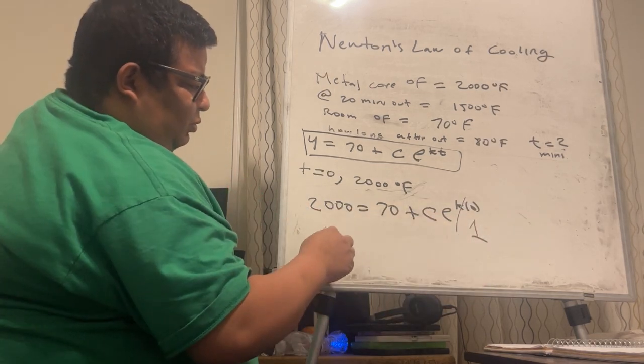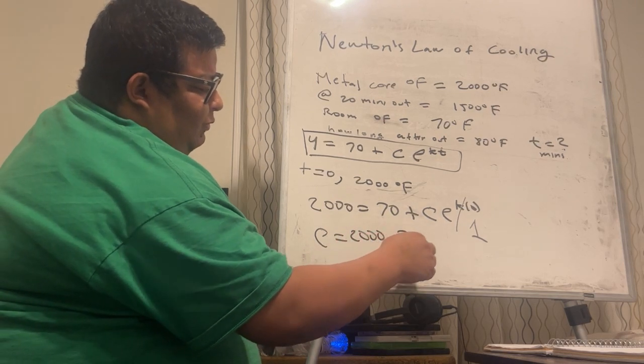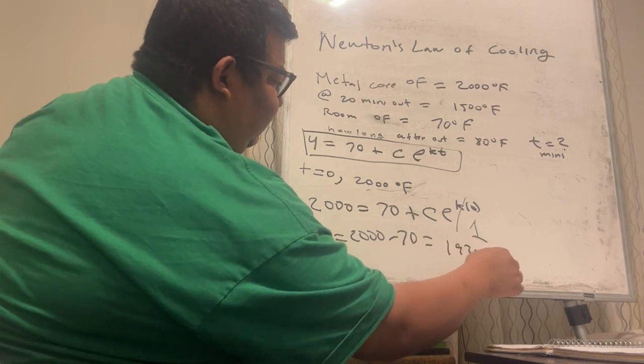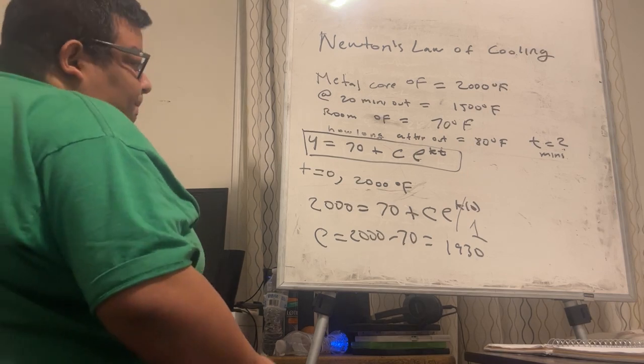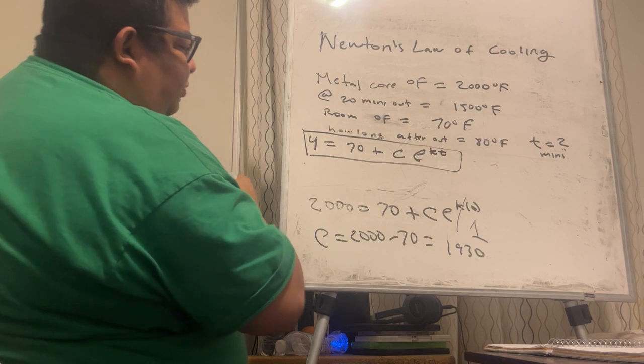So C is equal to 2000 minus 70, which equals 1930.